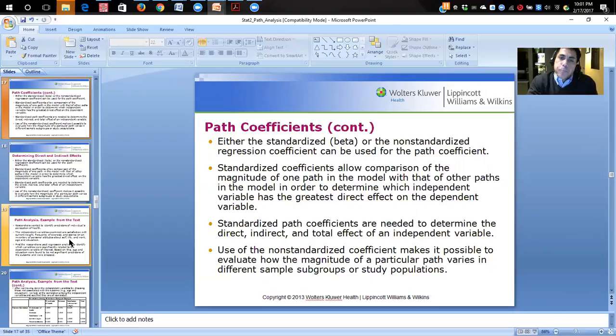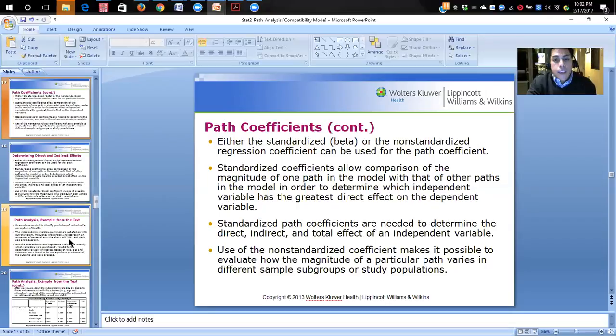So path coefficient uses the standardized beta. As the previous slides mentioned, path analysis uses regression coefficients. So you will see the unstandardized and standardized beta coefficients again here in the output for path analysis.